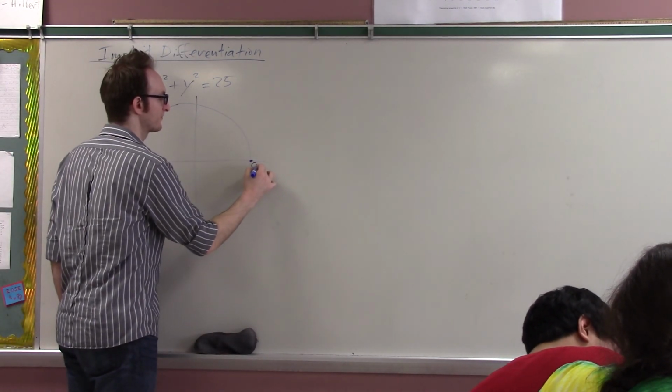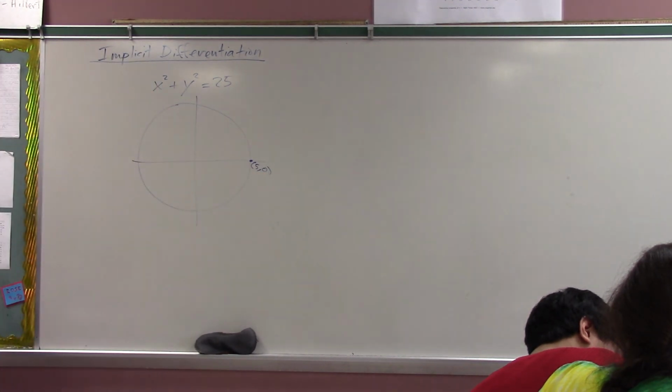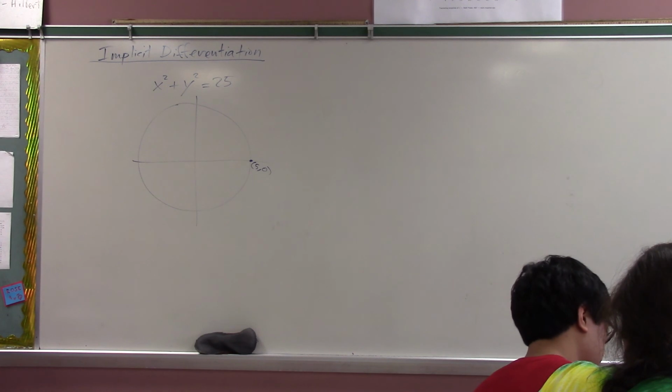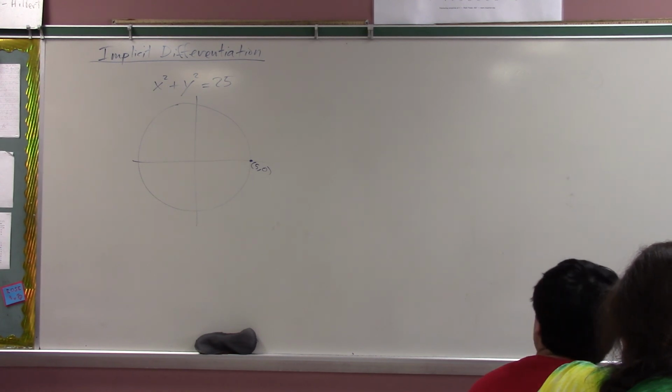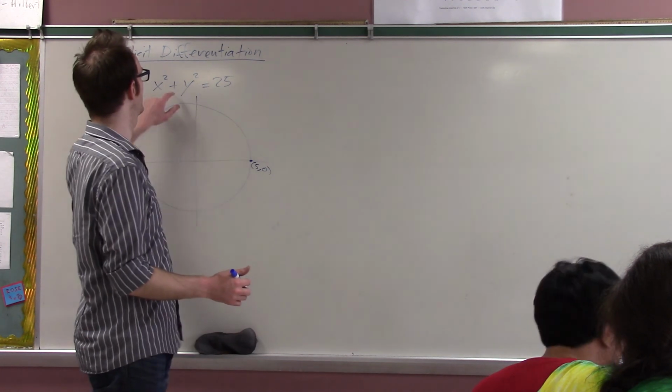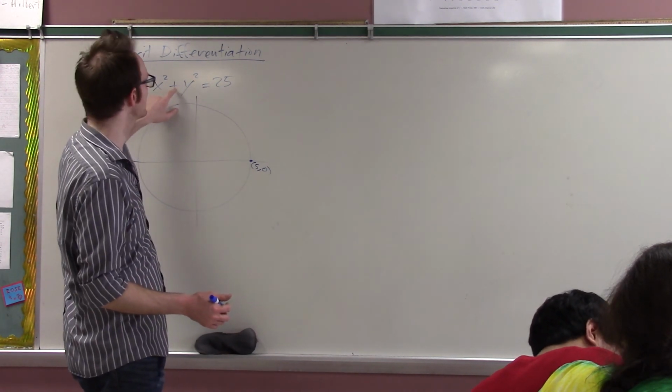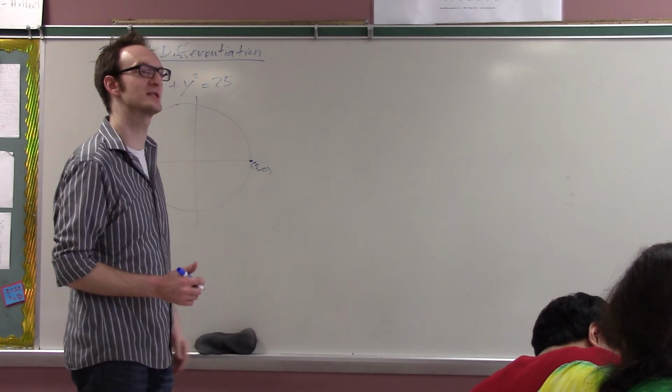What I would like to do now is know what the slope of the line is to this curve. What I'm going to do is take this curve and differentiate both sides with respect to x.